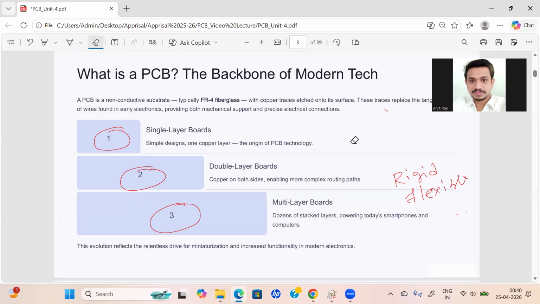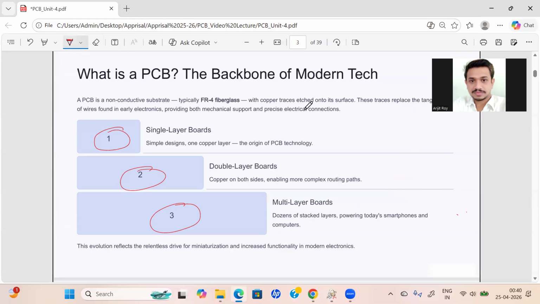So if I draw the single layer PCB, it is like that. This is a single sided PCB board.